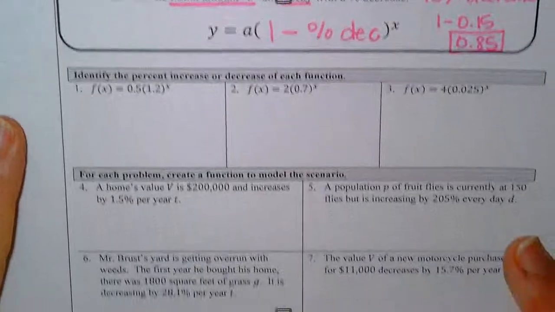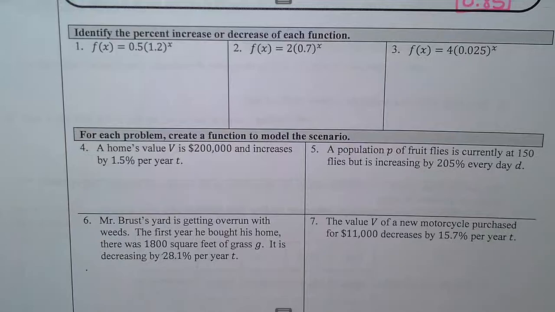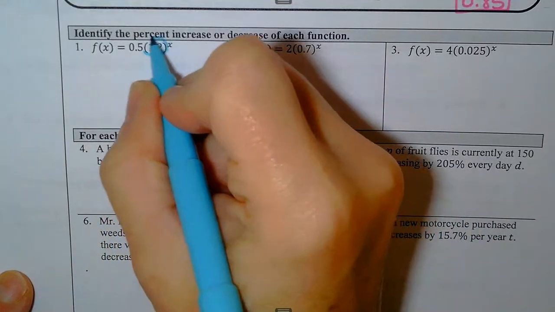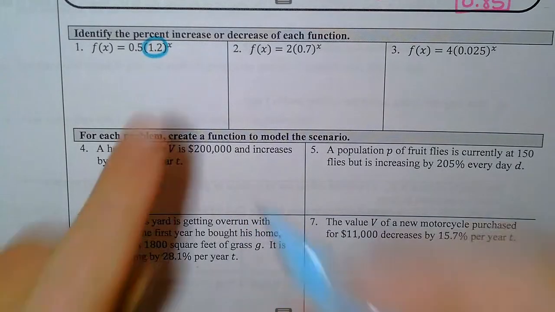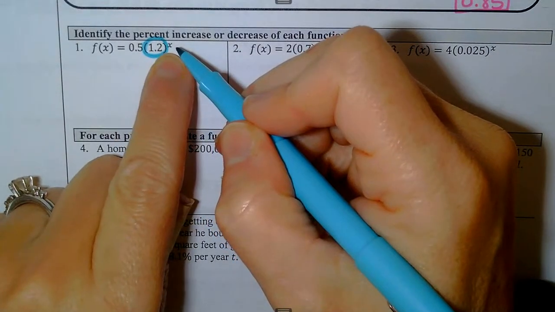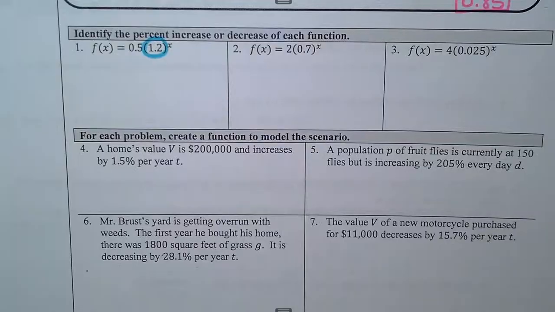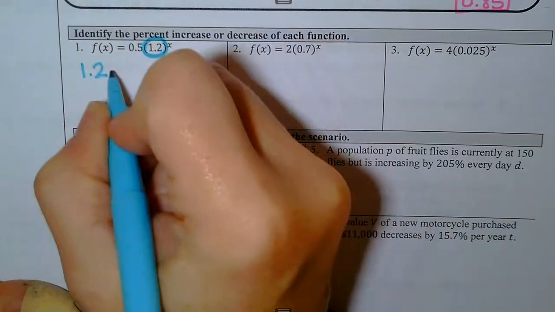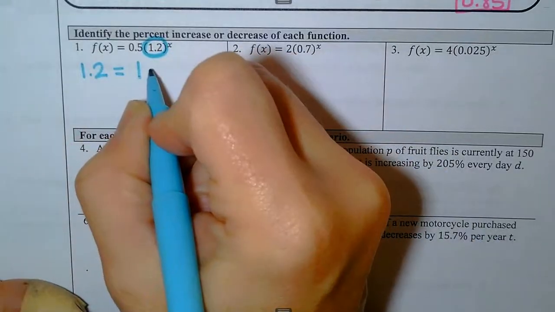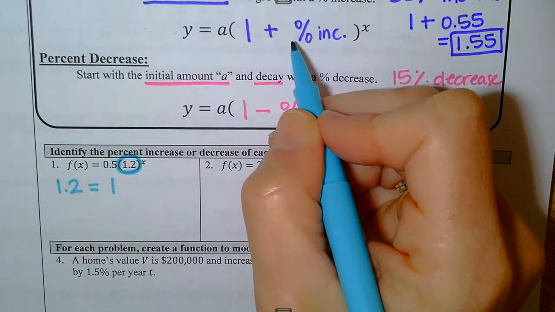So like this first one, you can kind of already see that this is a 20% increase. You always go to the one that's attached to the X. So here's how they do it with the recipe. You set whatever that is equal to 1 plus, and this is an increase, so I'm going to use this equation.